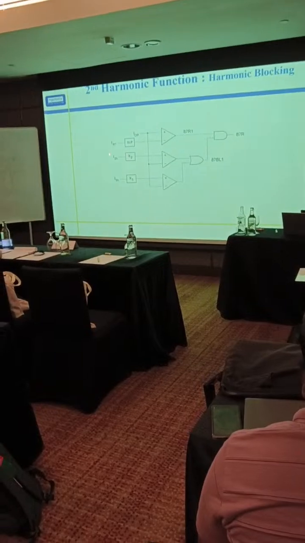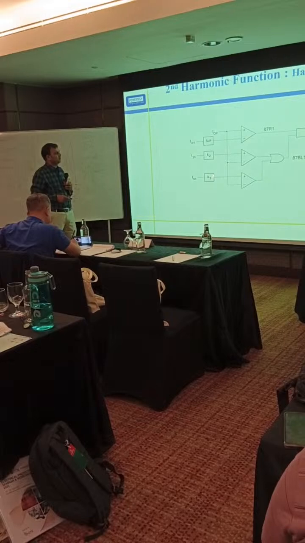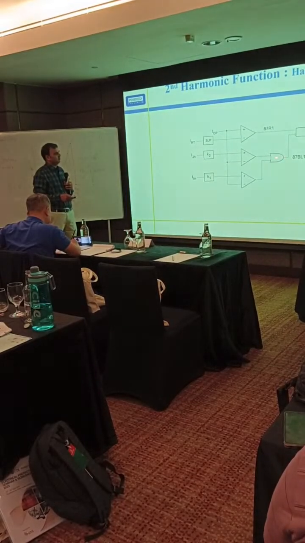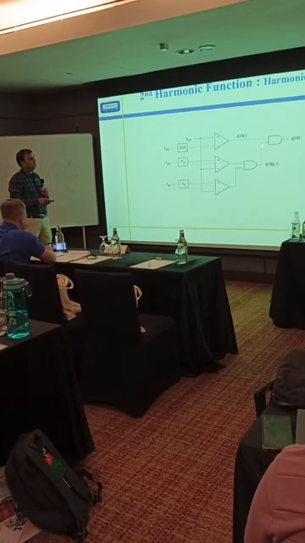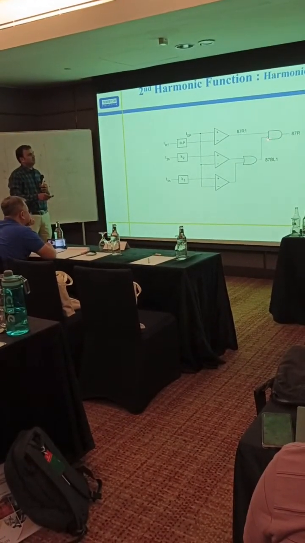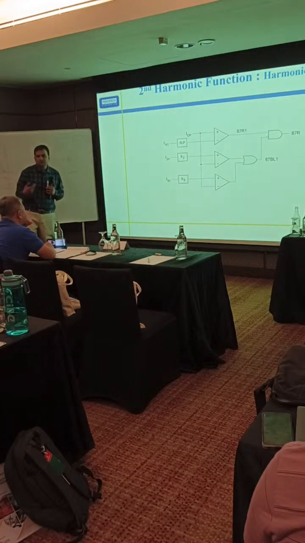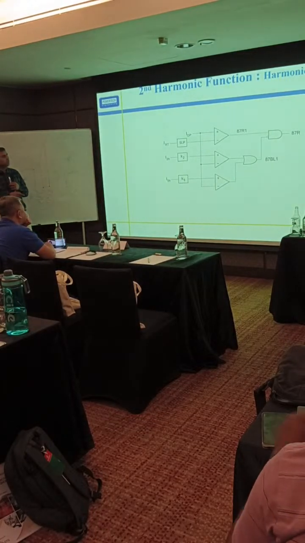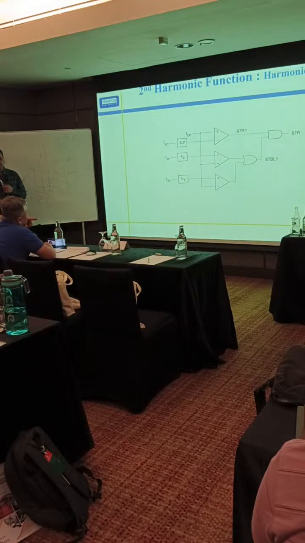But in case a second harmonic is present, any second harmonic or fifth harmonic, this is an OR gate. So this will give the blocking command, and it will now be 0. So even though operating current is there, it cannot give the tripping command. This is the simple logic. It is implemented in the same way in all relays. Okay. Any confusion in this?